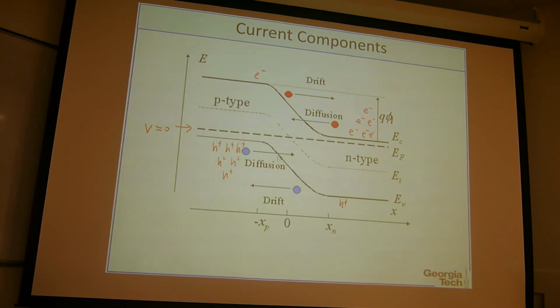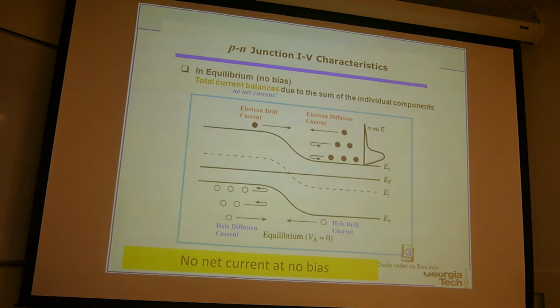Remember, holes tend to move up, so the drift means moving up here. These are the components of the currents in this PN junction. Now let's look at the equilibrium state, low bias. Again, this voltage equals 0.